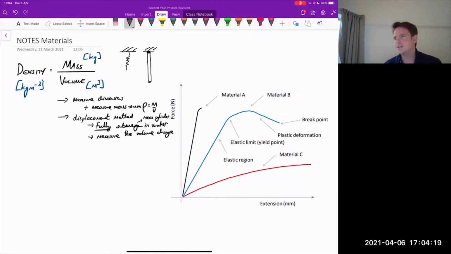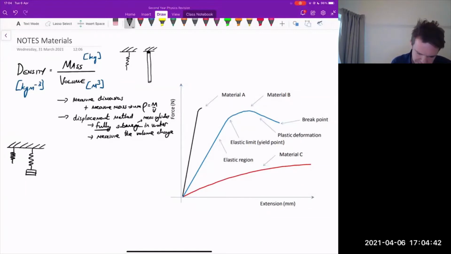Let's get straight into then what happens when we apply a force to a material. And I'm going to draw a spring just because it's easier to draw initially at least. And we're going to hang a mass or masses off the spring so that it extends by a certain amount.